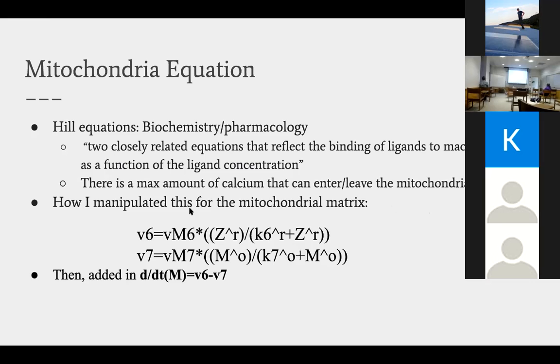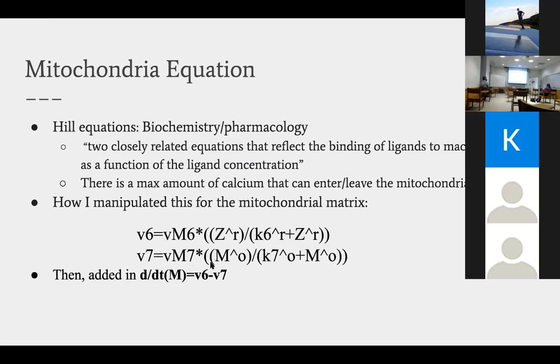And then here we can see V6 is calcium leaving the mitochondria. We have this maximum rate of calcium that can leave through that calcium exchanger, and then it's going into the cytosol, which is Z. Then we have a rate constant that corresponds to that exchanger again, and Z again, going into the cytosol.